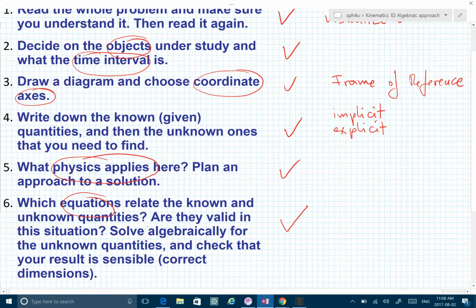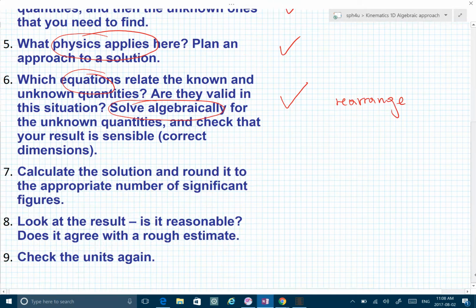Then you're going to solve algebraically, which means you're going to rearrange equations before plugging in numbers. All right. You do what is known as unit analysis. You check whether the equation that you came up with will give you correct units, and that's a very helpful tool to figure out that you've done the right thing.